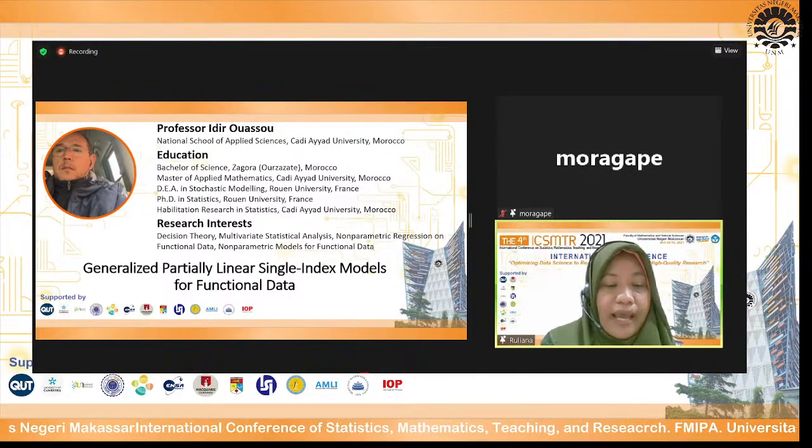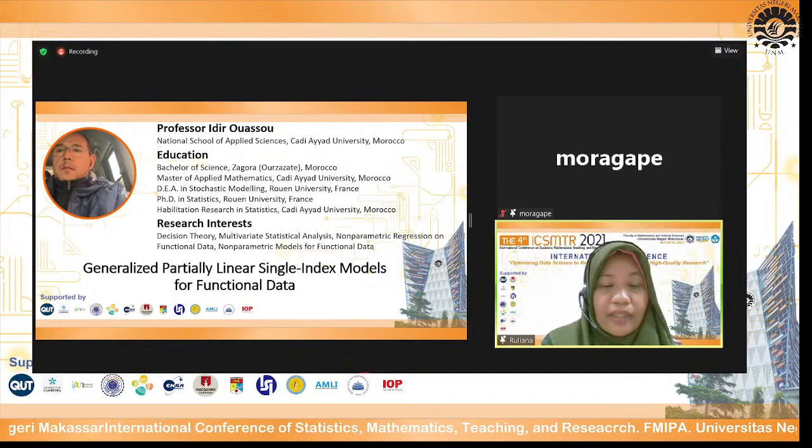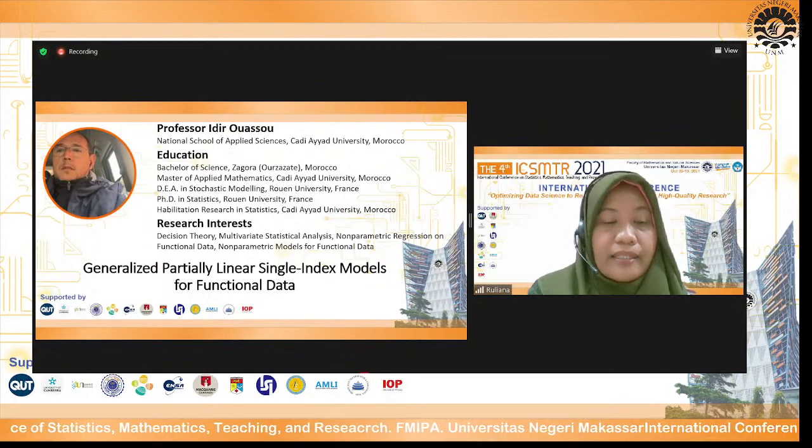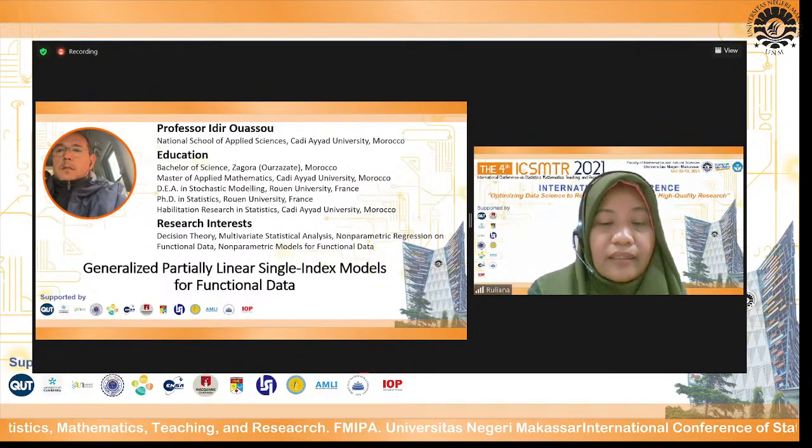Master of Applied Mathematics, Qadi University, Morocco. DEA in Stochastic Modeling, Rouen University, France. PhD in Statistics, Rouen University, France. Habilitation Research in Statistics, Qadi University, Morocco.